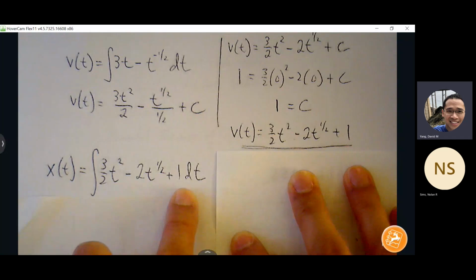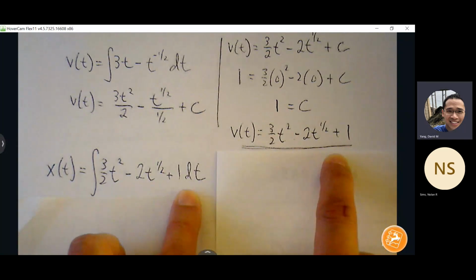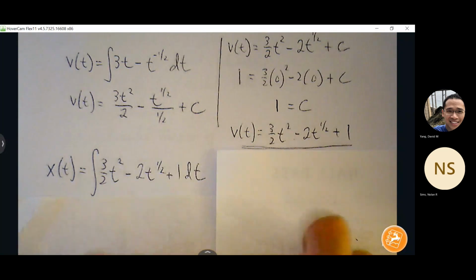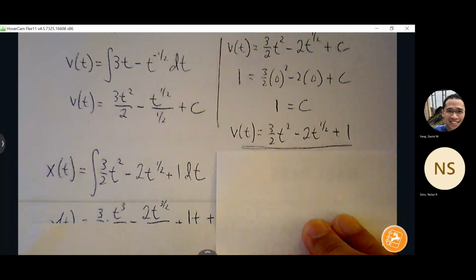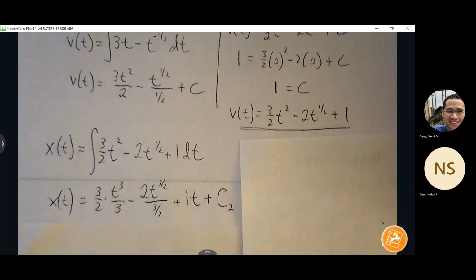Looks like every term is already nice and ready for power rule. Three halves t cubed over 3. Okay, 2t to 3 halves over 3 halves. 1 becomes 1t. And then plus c sub 2.